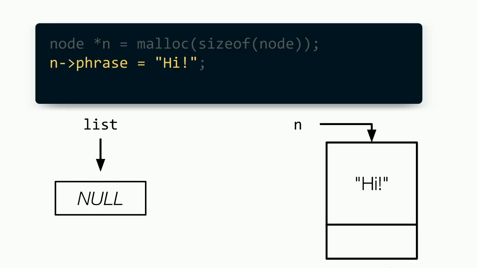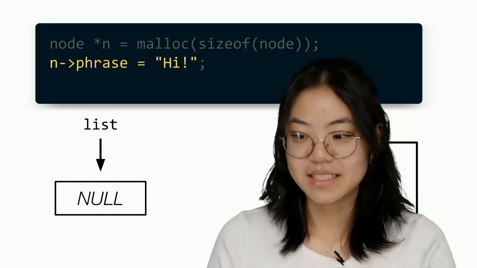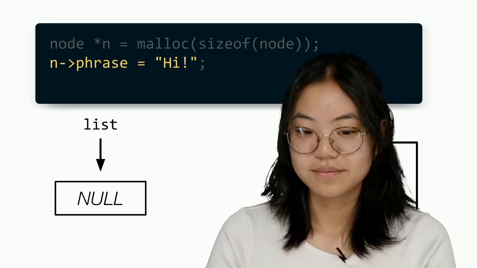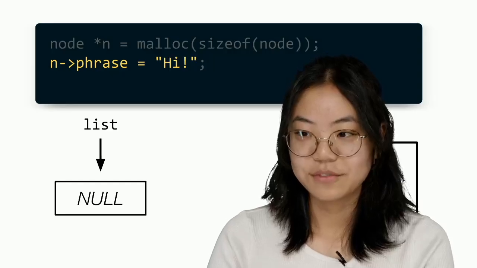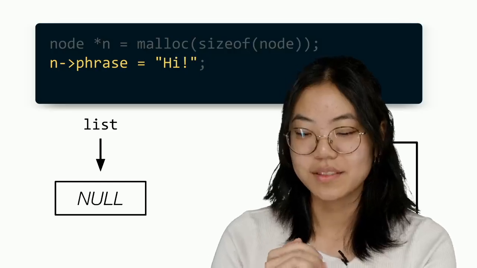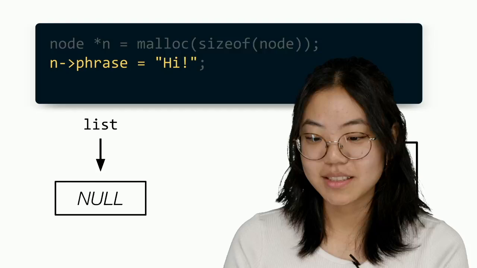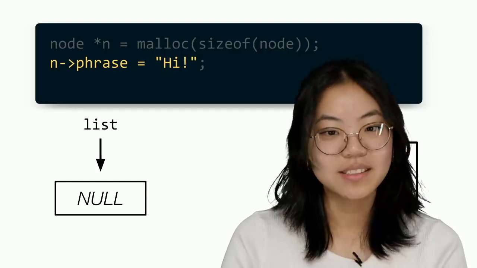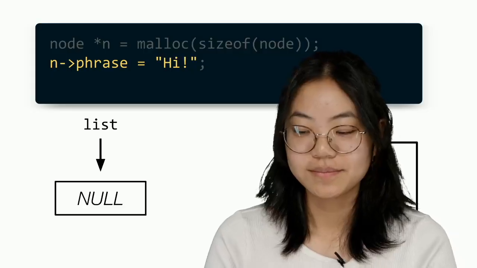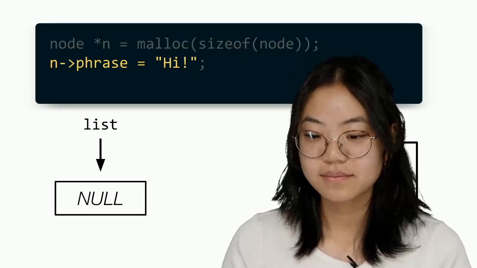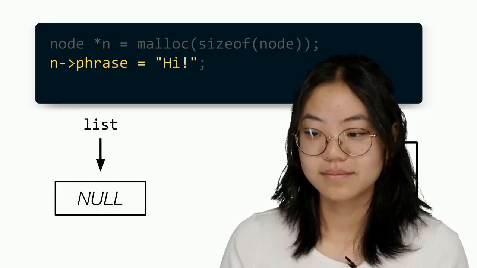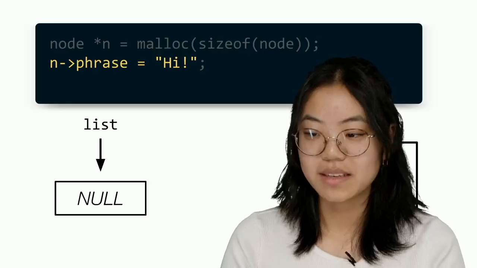And then what do we think the next value should be? What address should it point to if this is the only thing in my list so far? Any ideas? Feel free to put in the chat. If this is my only node in the list so far, what should that next address point to? Yeah, so it would be the next address.